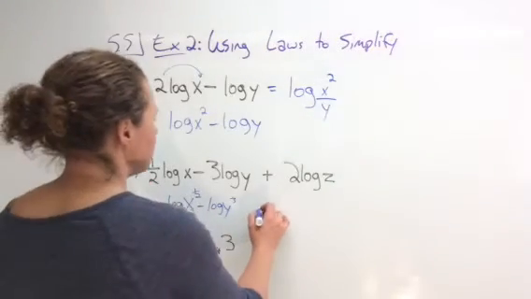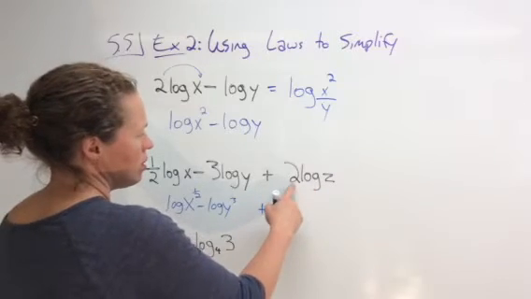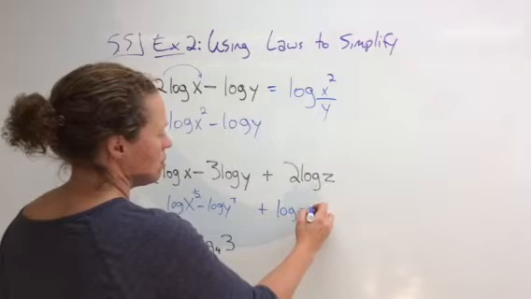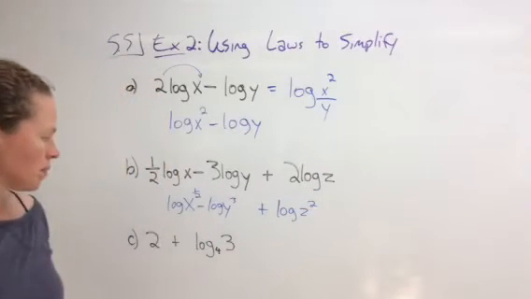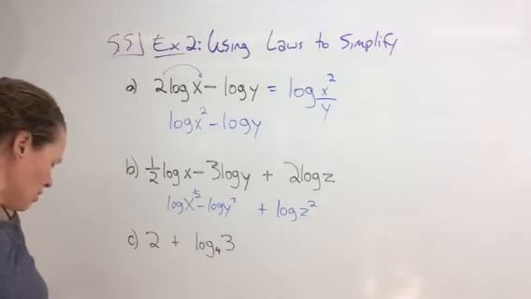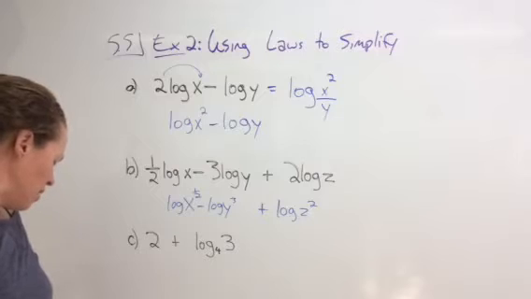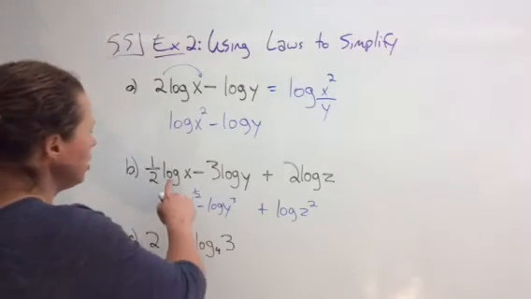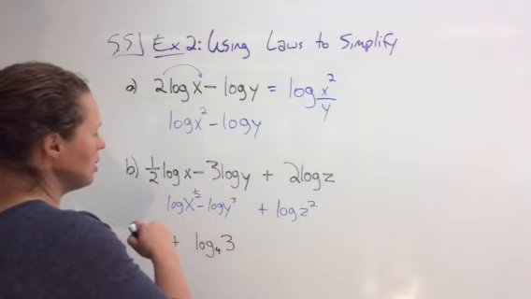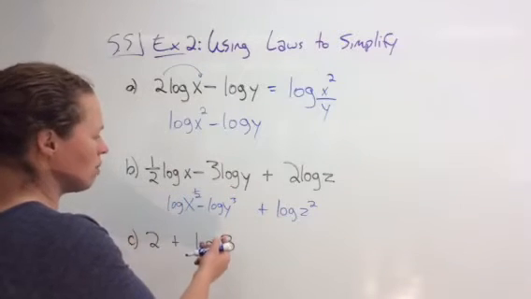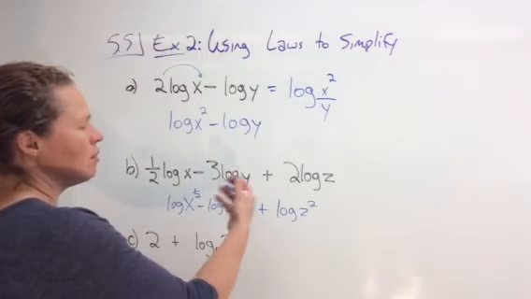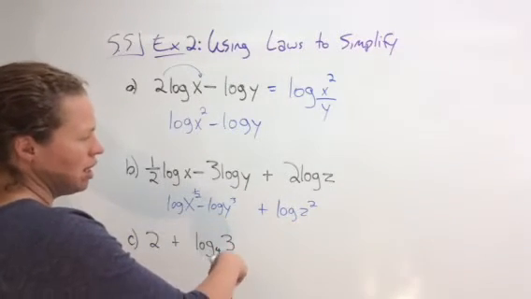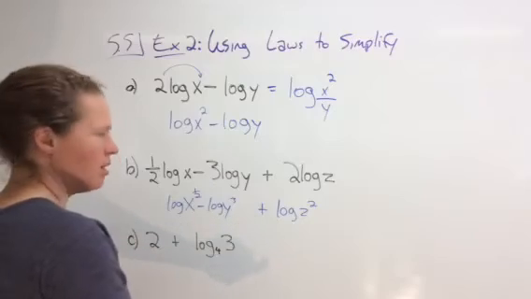Keep going, plus, we've got a 2 here, so that becomes log z squared. And then this one has 2 steps, but we do them separately. So we're going to go x minus y gives us x over y. And then when we add the z squared, that's going to be multiplied.